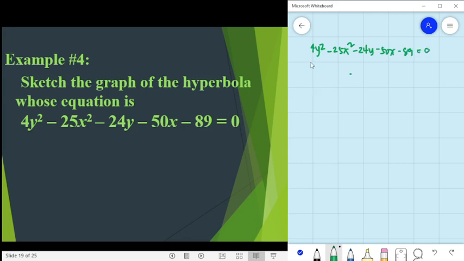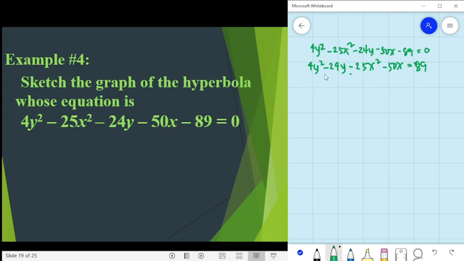So from here again, combining together the y terms and the x terms. Okay, and here 89 now becomes positive because it is being transposed to the other side.